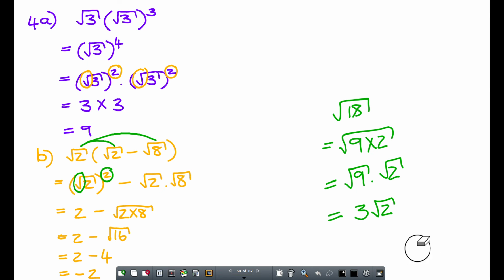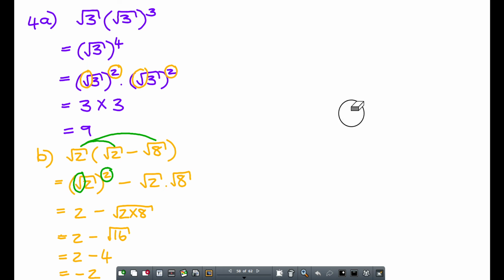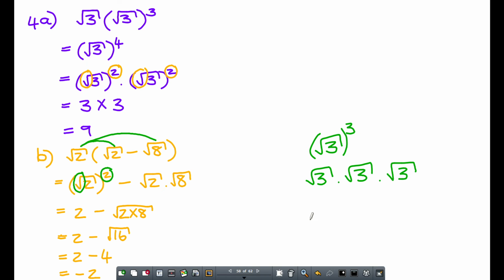So let's use that same principle with that root. You have square root 3 to the power of 3, which means it's square root 3 times square root 3 times square root 3, or inside one root, 3 times 3 times 3. Now 3 times 3 gives me 9, times 3 gives me 27.